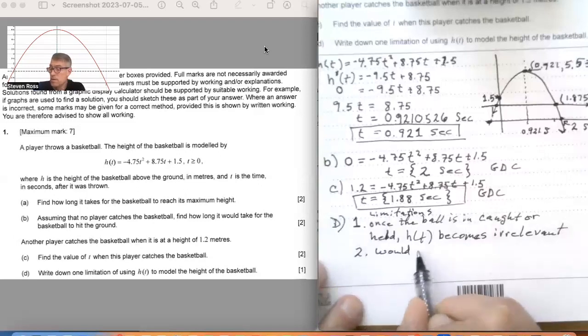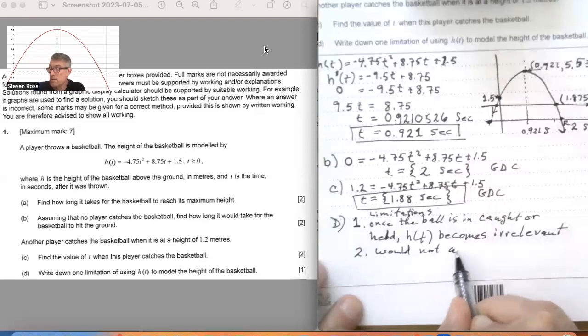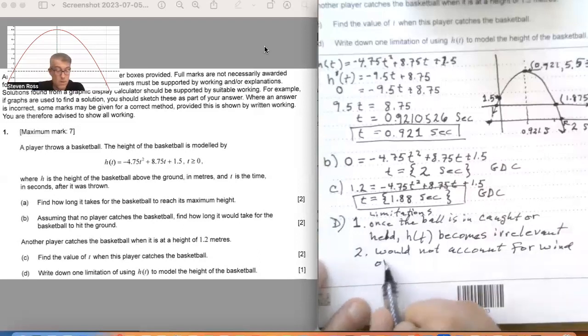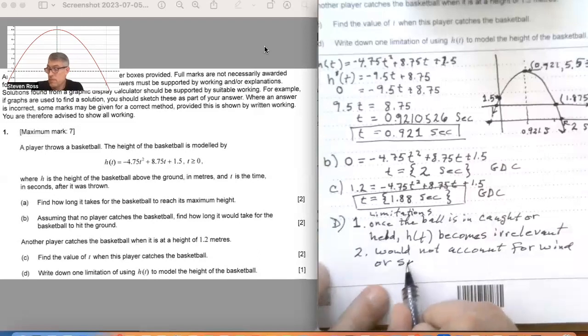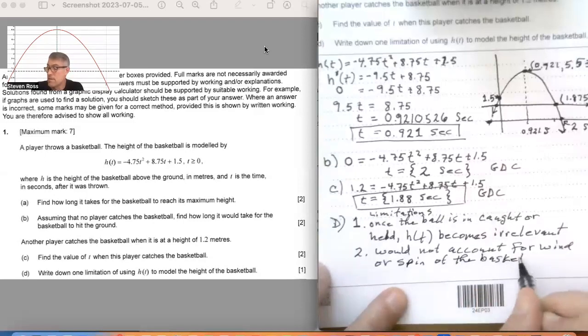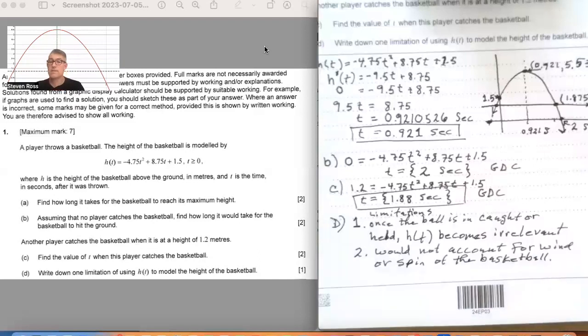Would not account for wind or spin of the basketball, and I'm actually thinking more of a lopsided type of basketball, which is maybe not going to take that really nice parabolic arc motion or that upside down parabola.